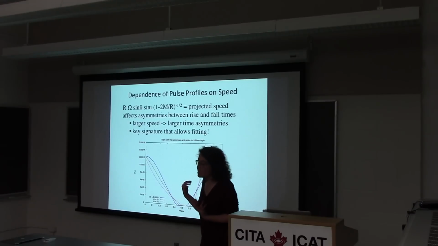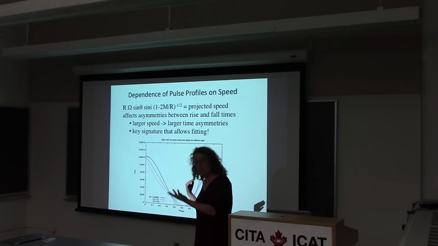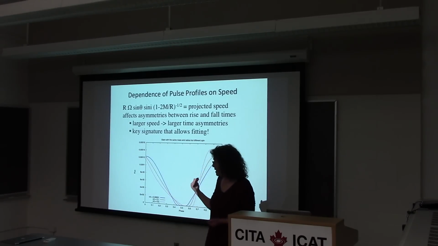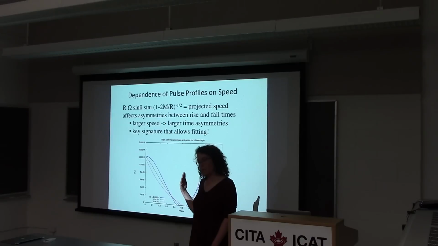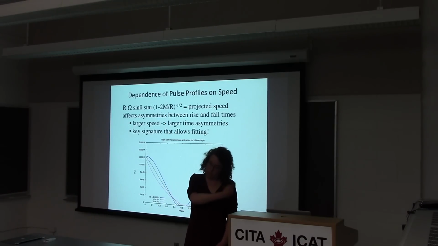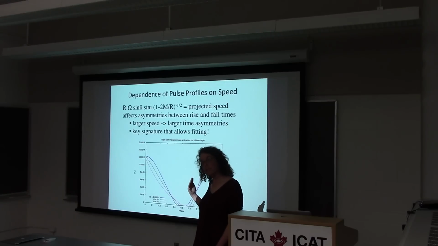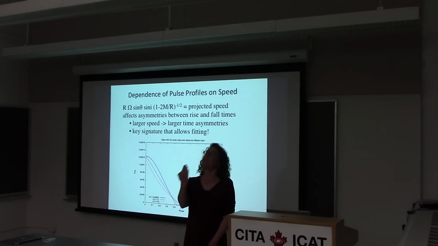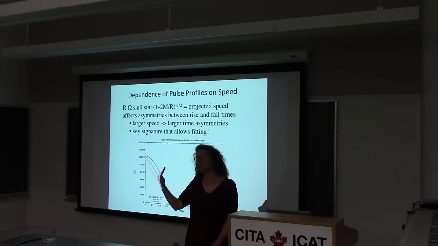What happens is that the intensity of the light is proportional to the cube of the frequency of the light. And so as my hand is moving towards you, it's blue shifted, and the intensity of the light is brighter on the blue shifted side of the star than it is on the red shifted side. And that gives you the peak emission. Instead of happening when it's directly facing you, the spot has its peak brightness a little bit earlier.